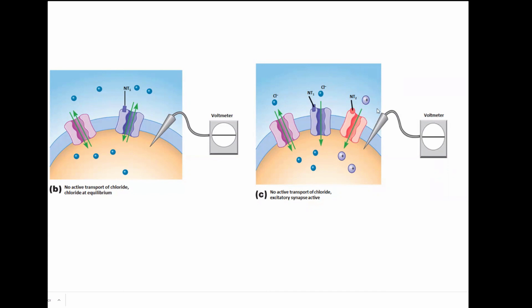And the reason for that is the electrical force on chloride. As neurotransmitter 2 lets this positive ion, sodium, come in, we would start to raise the membrane potential. But instead, because we have a chloride channel open, those negative chloride charges are attracted to these positive sodium charges.